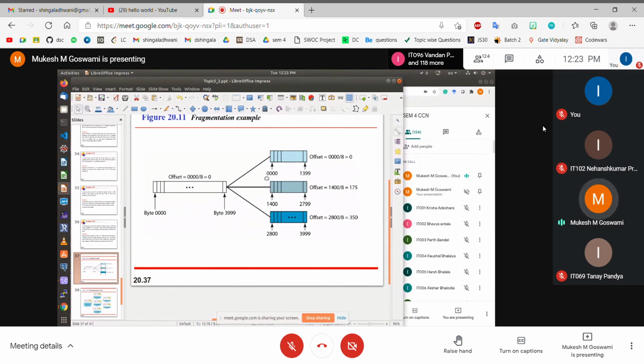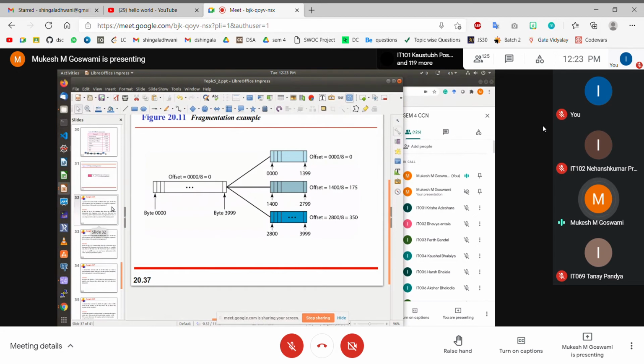The first fragment consists of 0 to 1400. The second fragment consists of 1400 to 2800 and so on, right? That is how I divide this packet into 3 sub-packets. This process of dividing the packet into smaller fragments is called fragmentation.